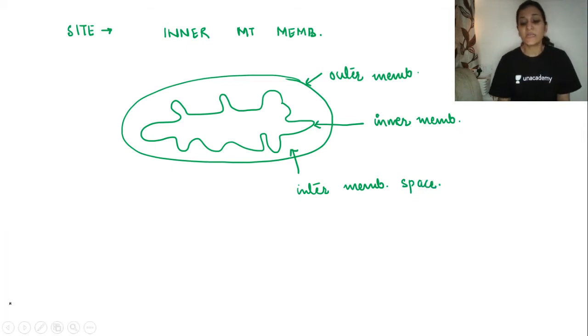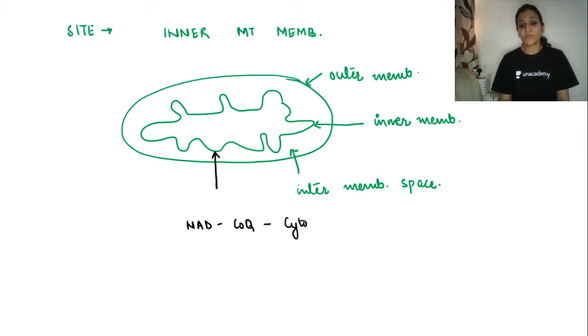Now on the inner mitochondrial membrane, the complexes are arranged in a sequence. The sequence is NAD, coenzyme Q, cytochrome B, C1, C, AA3, water.